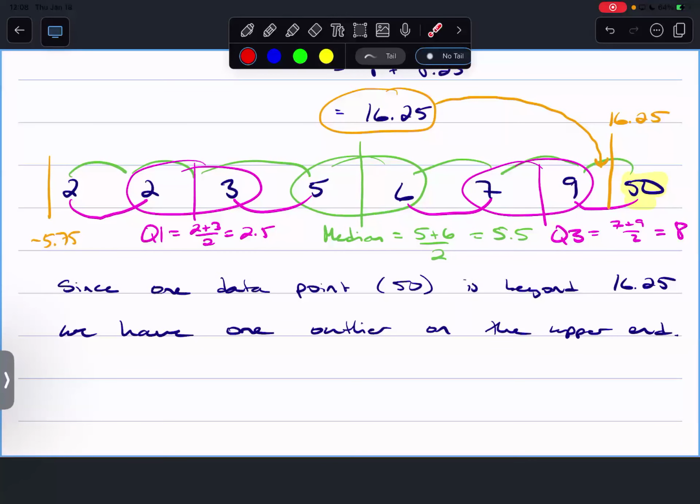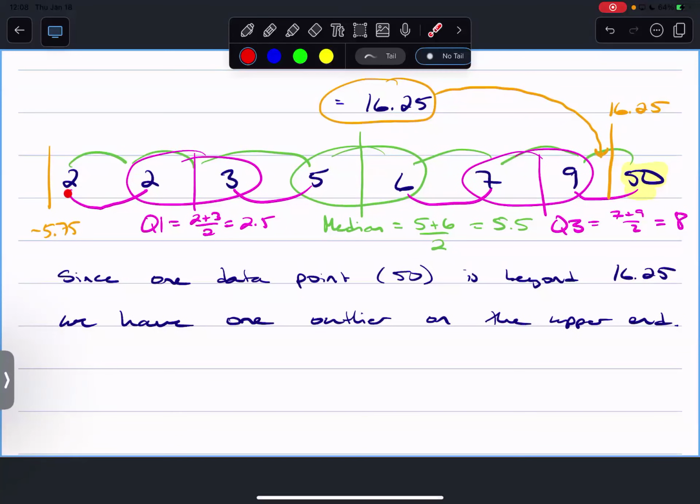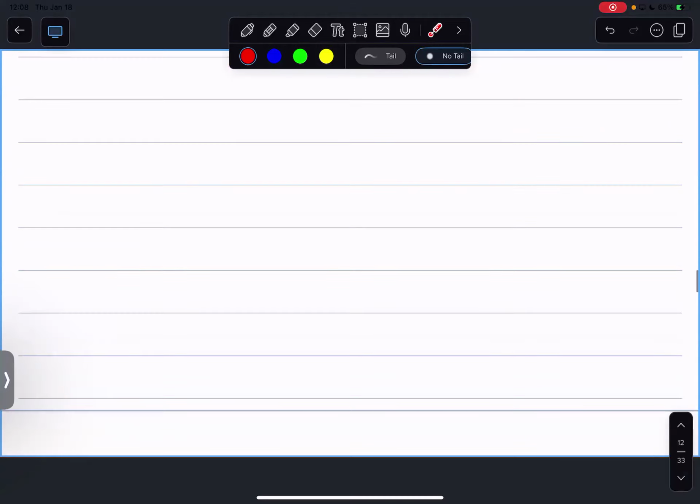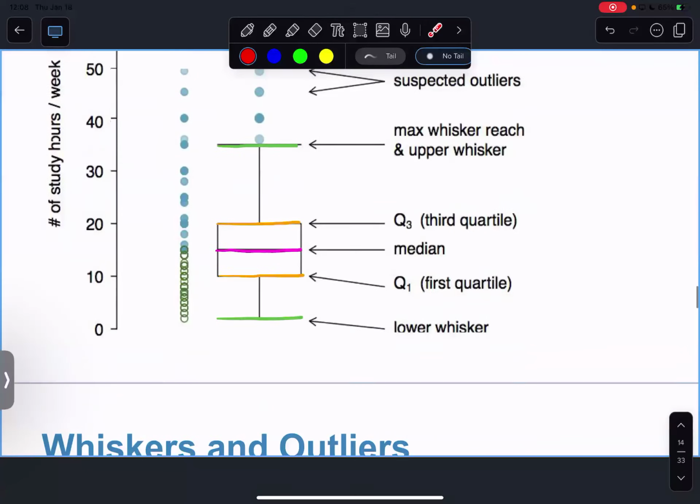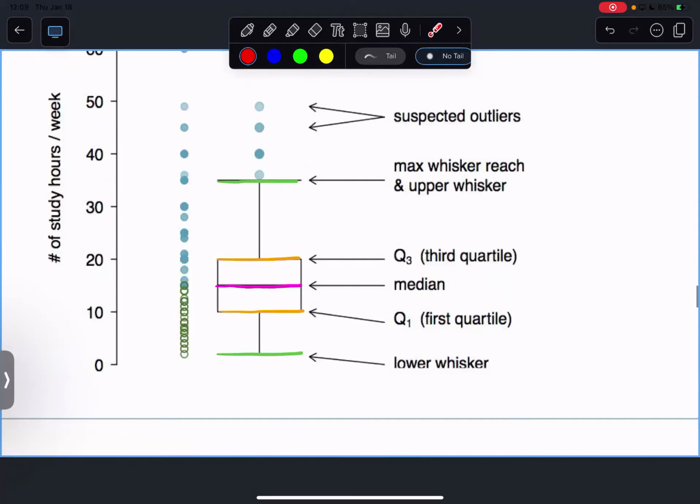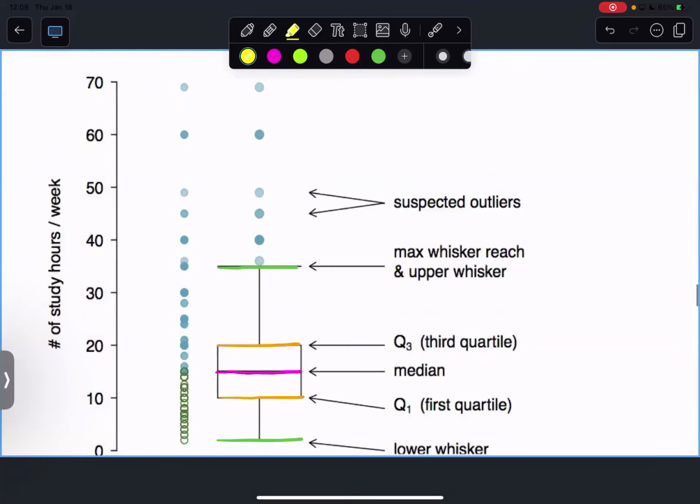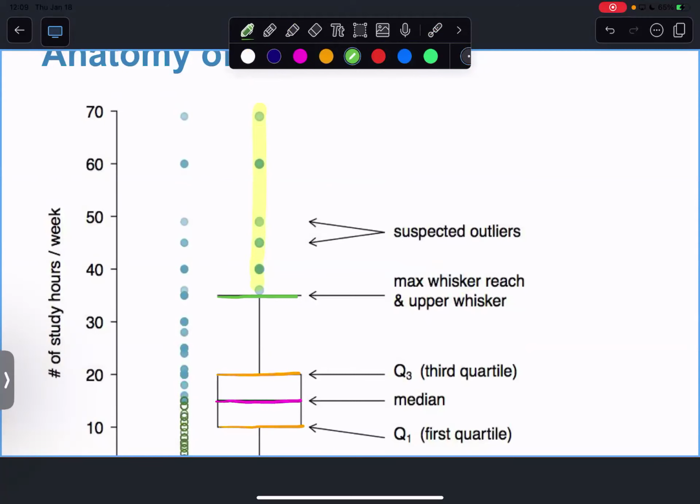And then I would indicate 50 with just a dot. And here, the lower whisker would go to 2, right? It's allowed to go to negative 5.75, but the lowest data point is 2. So then the whisker would be drawn at 2. So then here, these guys are outliers. I've already used all my colors. Outliers by the 1.5 IQR rule.